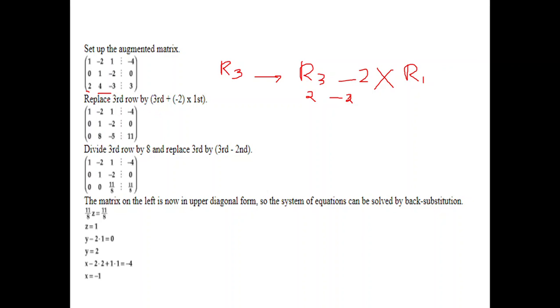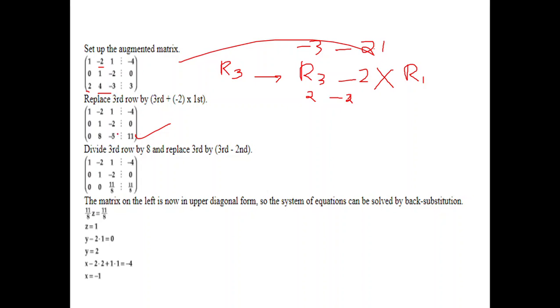So 4 will be replaced by 4 minus 2 into minus 2, the corresponding R1 element, that is 4 plus 4, so 4 becomes 8. And minus 3 becomes minus 3 minus 2 into 1, that is minus 5. And 3 becomes 3 minus 2 into minus 4, that means we will get 11.